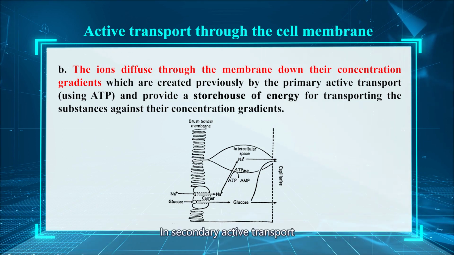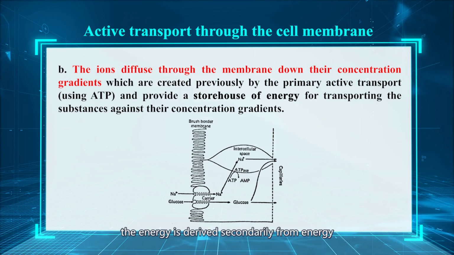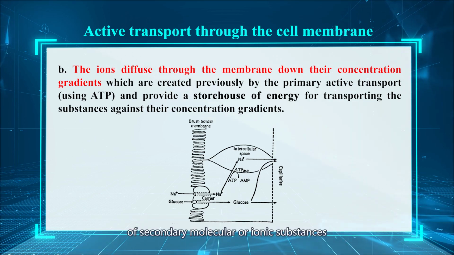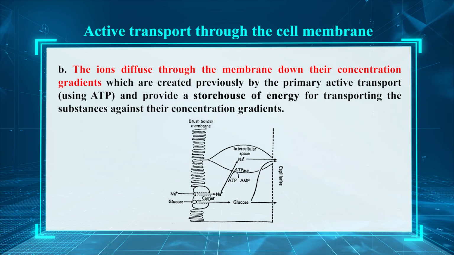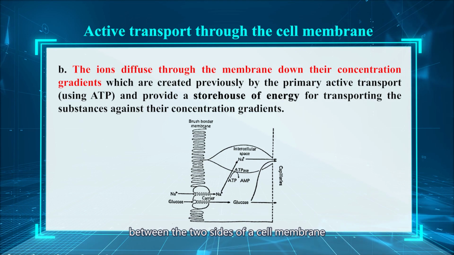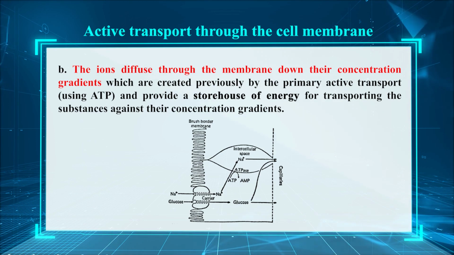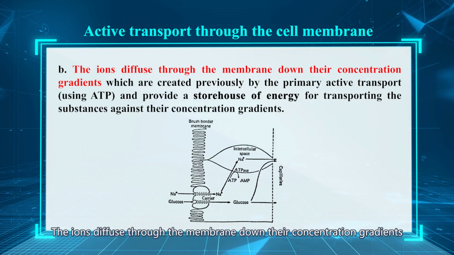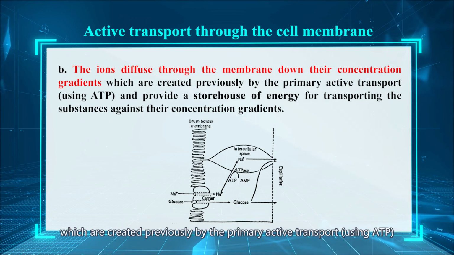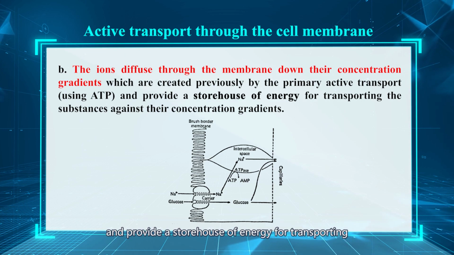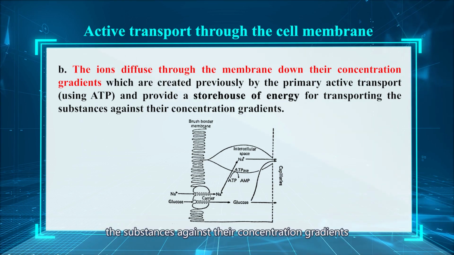In secondary active transport, the energy is derived secondarily from energy that has been stored in the form of ionic concentration differences of secondary molecular or ionic substances between the two sides of a cell membrane, created originally by primary active transport. The ions diffuse through the membrane down their concentration gradients, which were created previously by the primary active transport, and provide a storehouse of energy for transporting the substances against their concentration gradients.